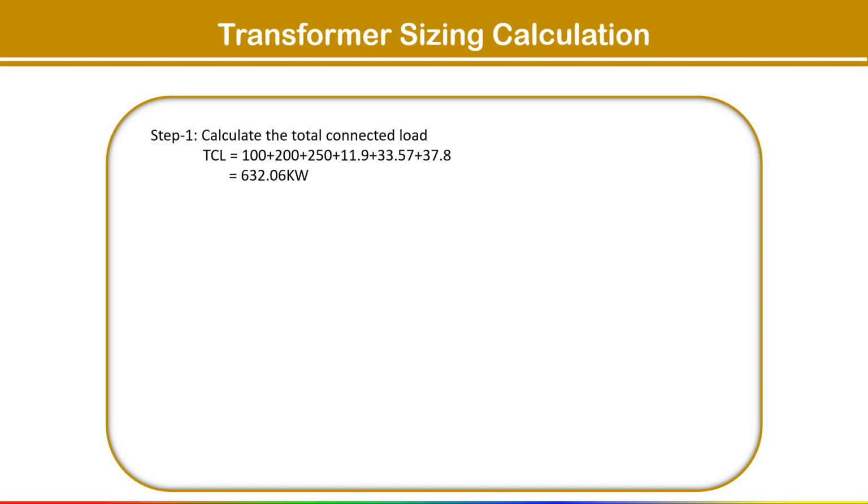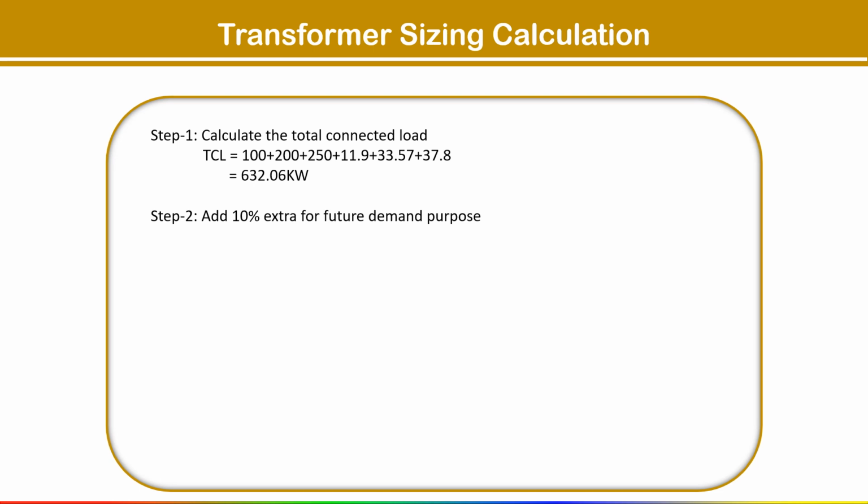When you add, you will get the value 632.06 kilowatt. Okay, this is your total connected load. Understanding the connected load helps in designing and managing electrical system efficiently, preventing overloads and ensuring a reliable power supply. So remember this thing.